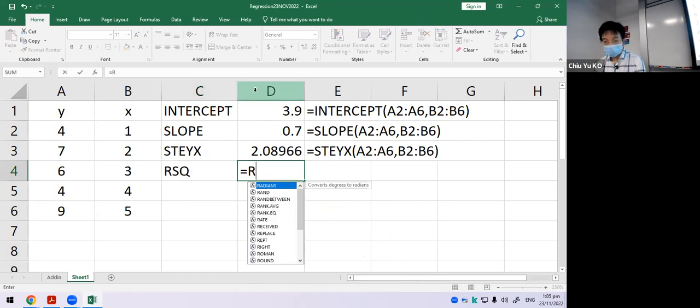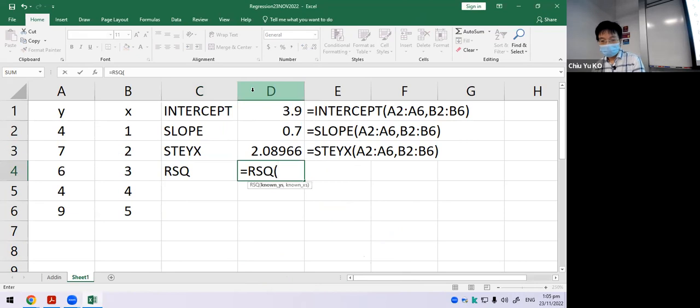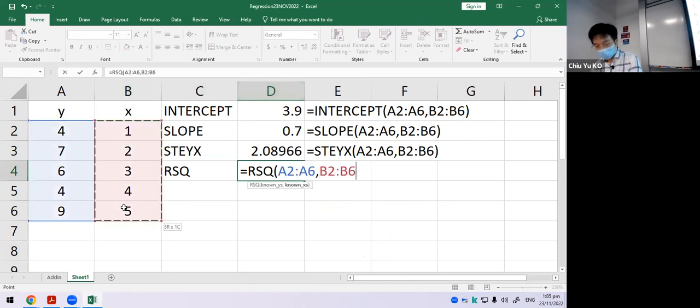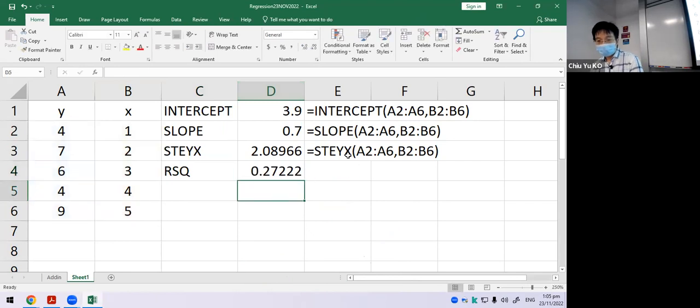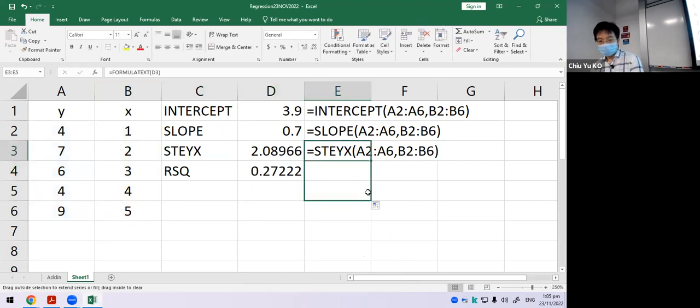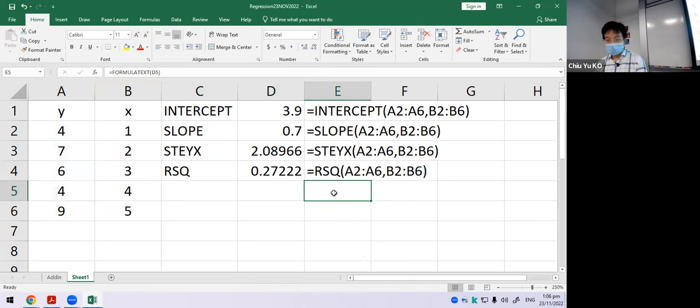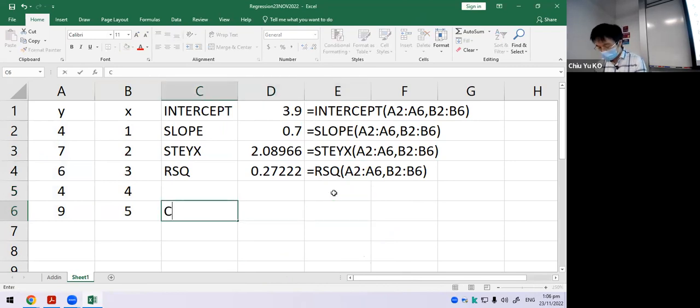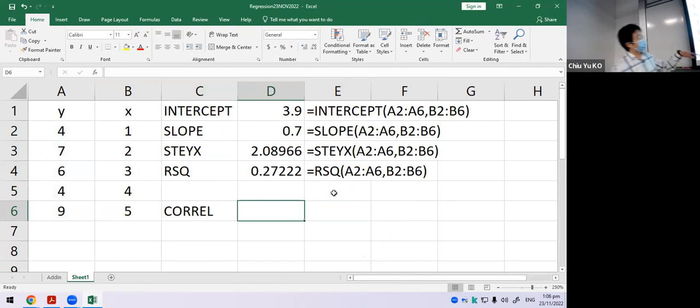You can do RSQ, a bunch of Y and a bunch of X. This is the R-square, so it explains 20%. But this is also the same as the correlation squared. If you remember, the CORREL is what we did in topic 1: the covariance over the square root of the product of the variances.